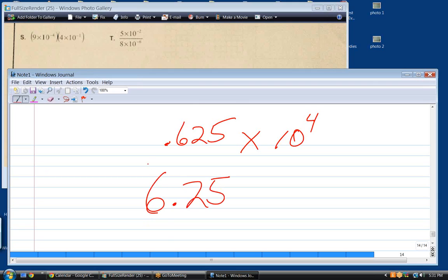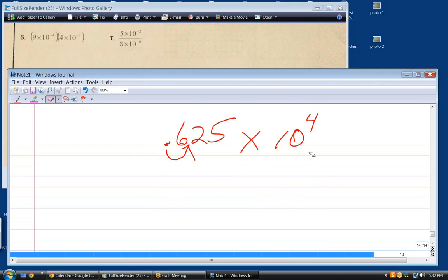So we had to move the decimal point to the right this time, which means what are we going to do to that exponent? Subtract it, so it becomes 3. Subtract 1. In other words, when you move the decimal point to the right, you subtract however many spots you move it. If you move it to the left, you add however many spots you move it.